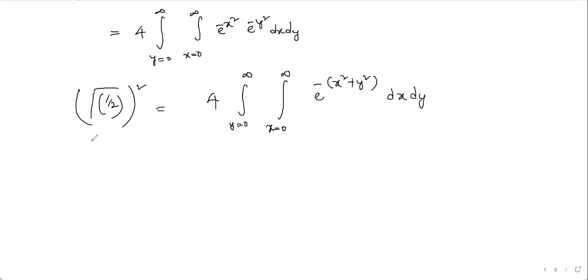Now, the region of integration is in the first quadrant, so let us change to polar coordinates by putting x as r cos theta and y as r sin theta.